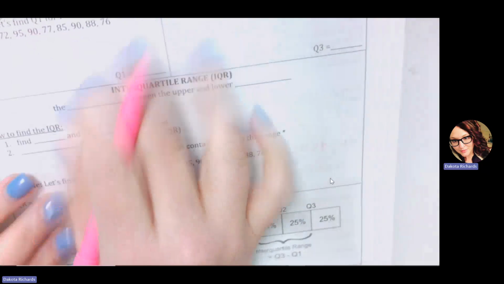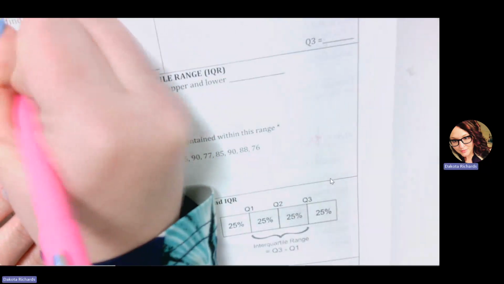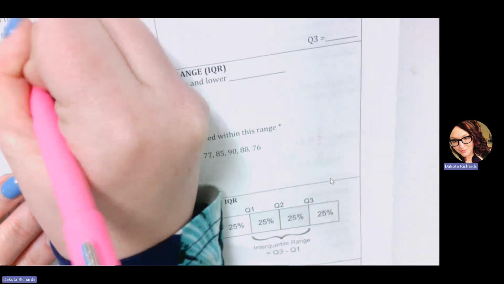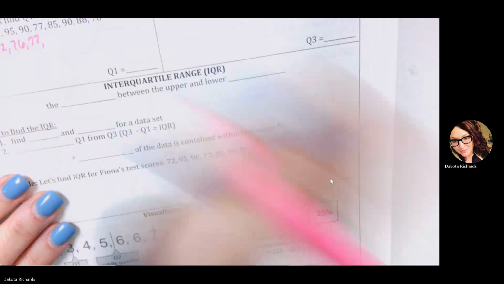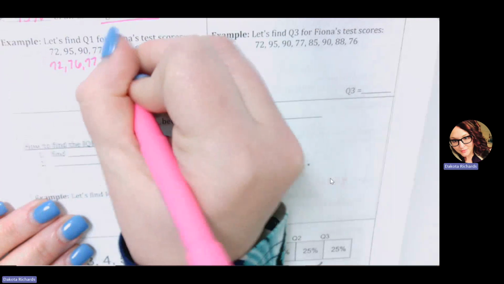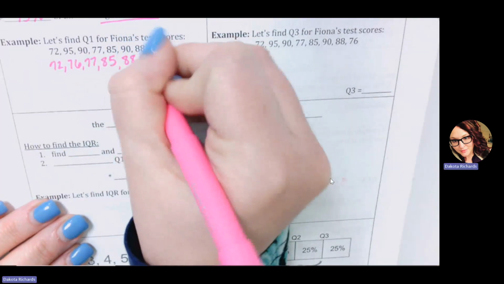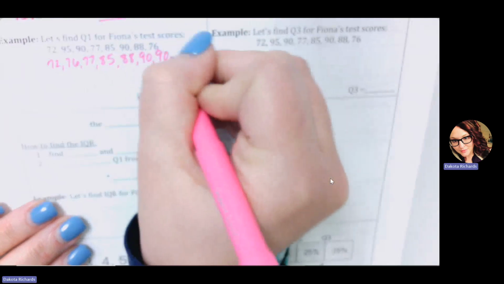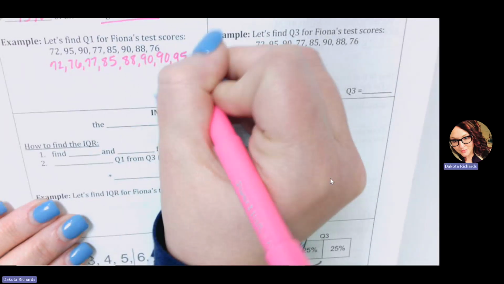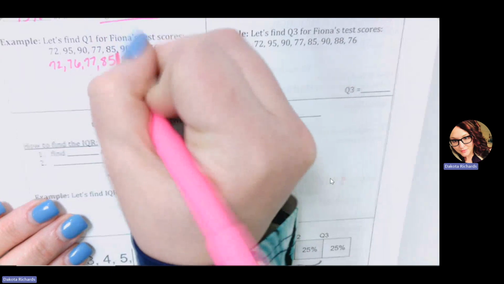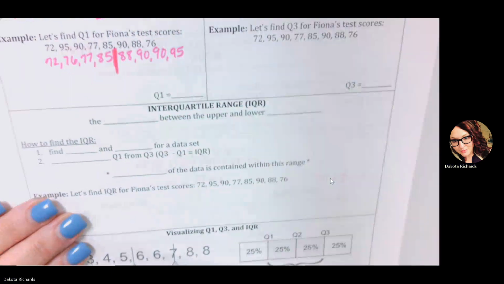All right, so let's put these in order. 72, 76, 77, 85, 88, 90, 90, 95. So if we were to cut the data in half, this is our halfway point.